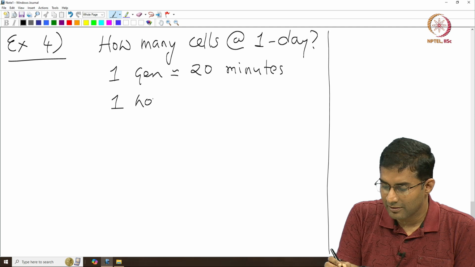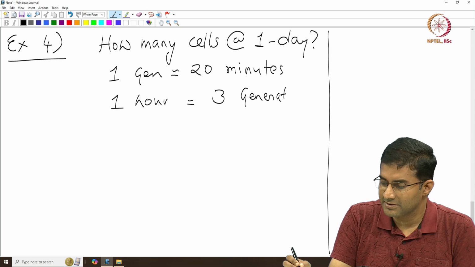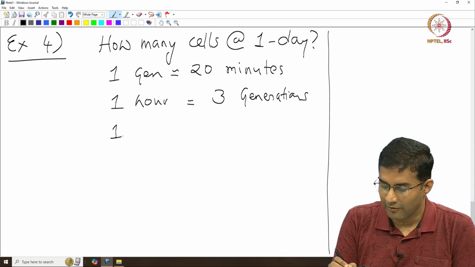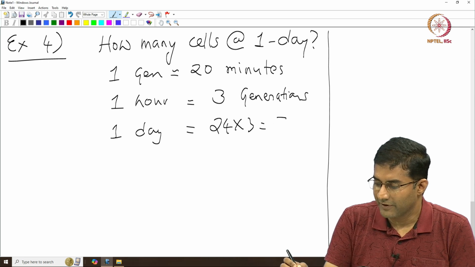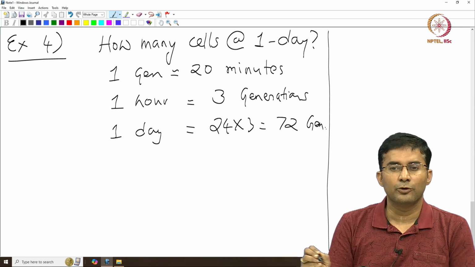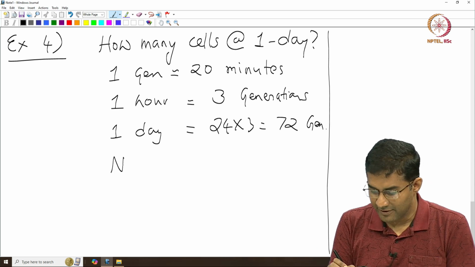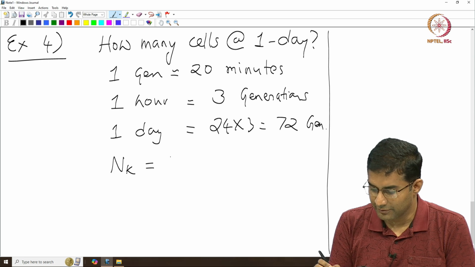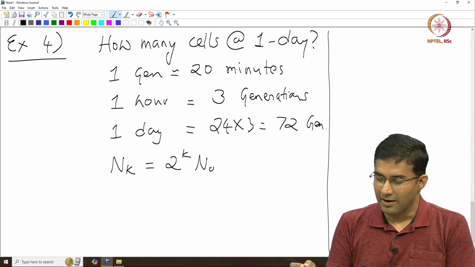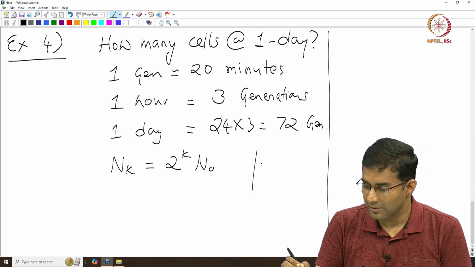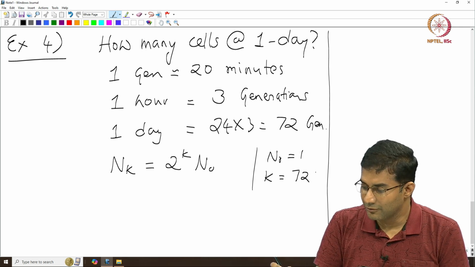and that means that in 1 hour we have 3 generations, and in 1 day we will have 24 times 3, that is 72 generations. So using the formula that we derived in the previous slide, nk is 2 power k times n0, assuming n0 is equal to 1, and now k at the end of 1 day will be 72 generations.